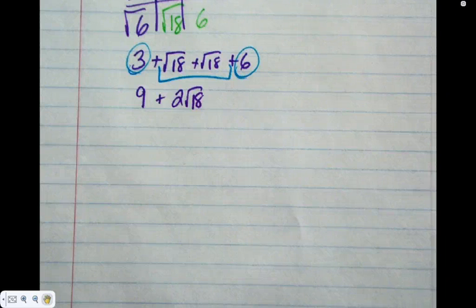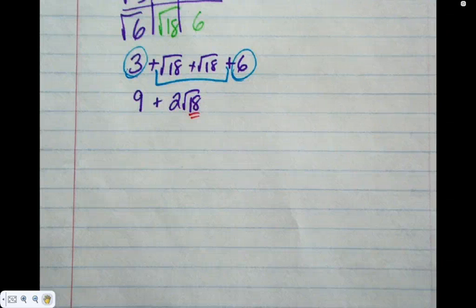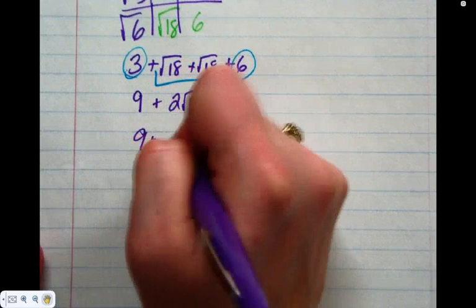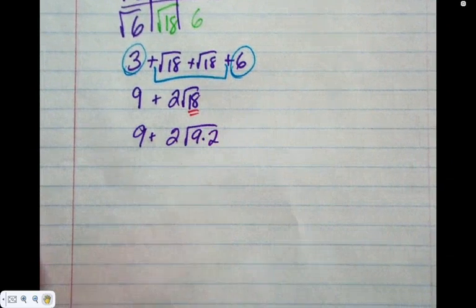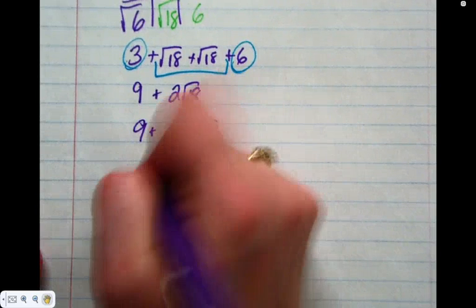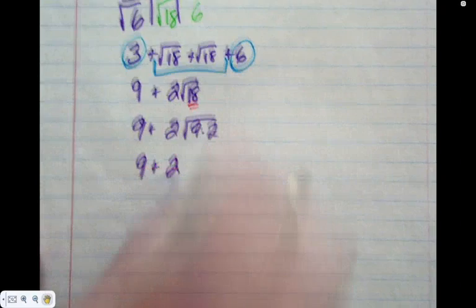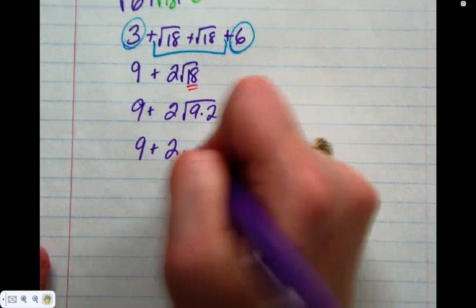Very last question we ask is, can we simplify? So we look at that root of 18, and is there a perfect square hiding within the factors of 18? What is the perfect square hiding within the factors of 18? 9 times 2. So I'm going to leave the 9 and the 2. I'm just going to deal with that root of 9 right now. And what is the square root of 9?